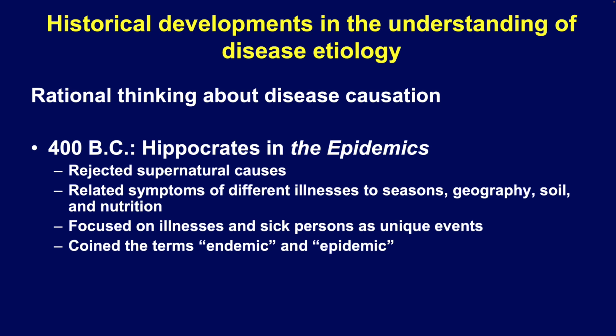Something that wasn't quite right in his thinking, though, at least with regard to infectious diseases, is that he conceptualized illnesses and persons as unique events that were not necessarily related to each other. Of course, we know that with infectious diseases, one person's illness is often highly correlated with the risk of illness in people they come into contact with while they're infectious. Importantly, Hippocrates also coined terms that we still use today, endemic and epidemic.